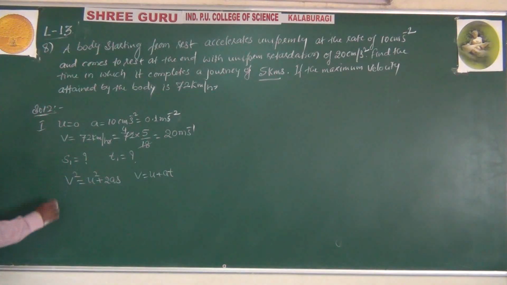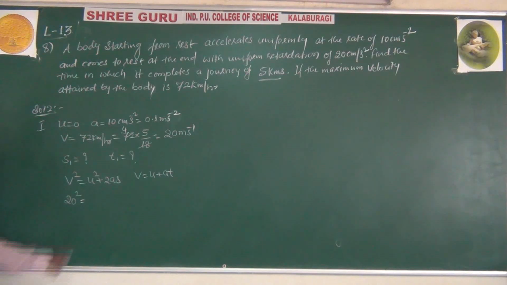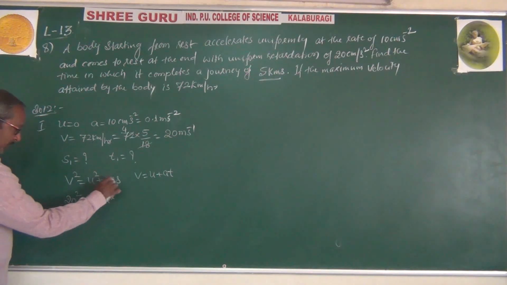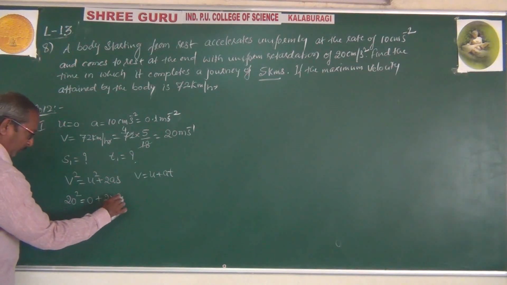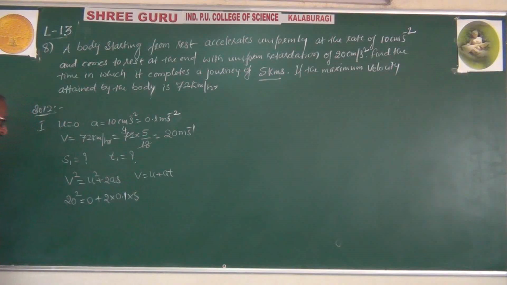So here v square is 20 square, equal to u square, u is 0, plus 2 into a, which is 0.1, into s, as it is.